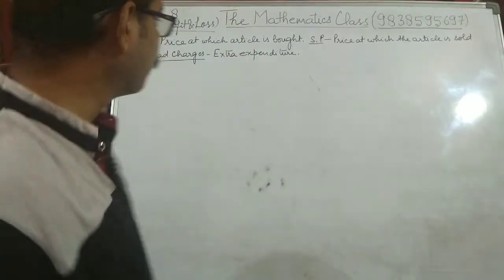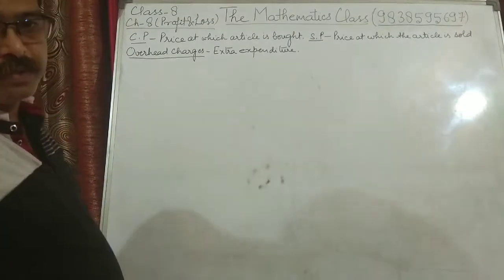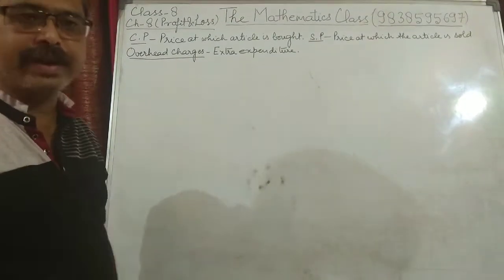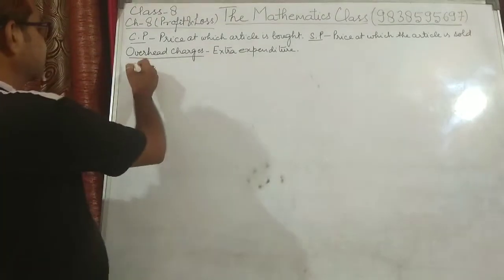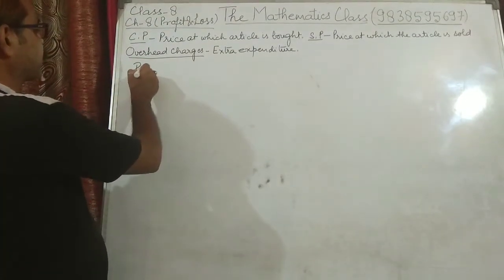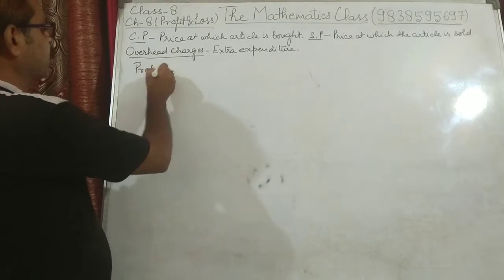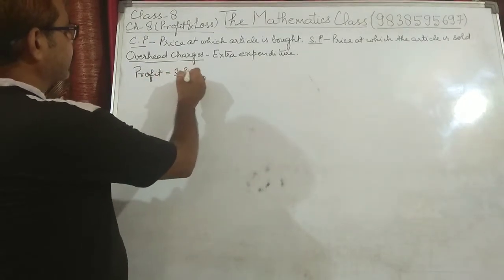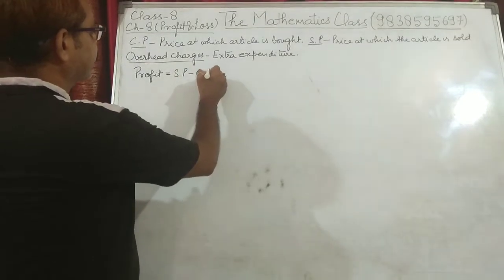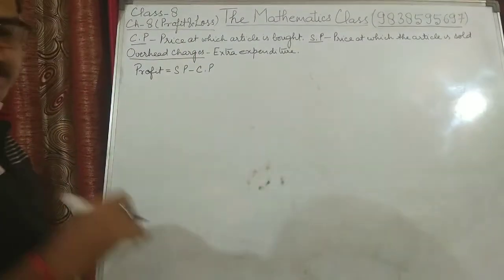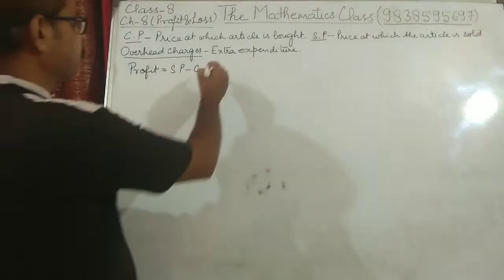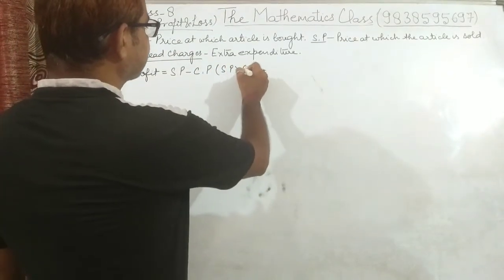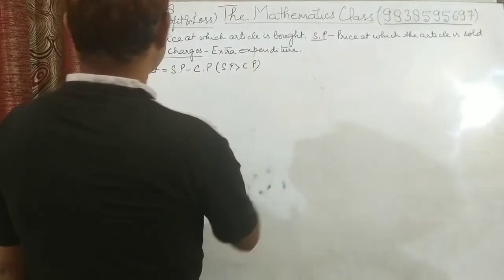Now what is loss, what is profit percent, what is loss percent? I will be writing the formula. So first thing is, what is profit? Profit is always when selling price is greater than cost price, or selling price minus cost price is profit when selling price is greater than cost price.